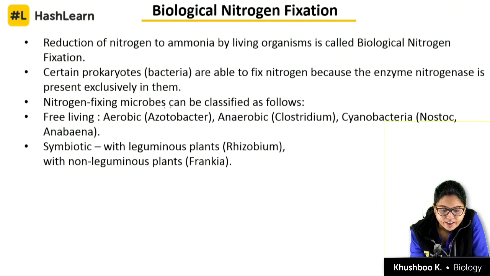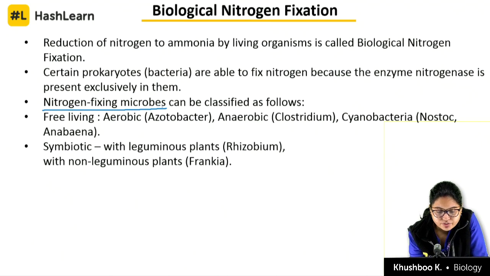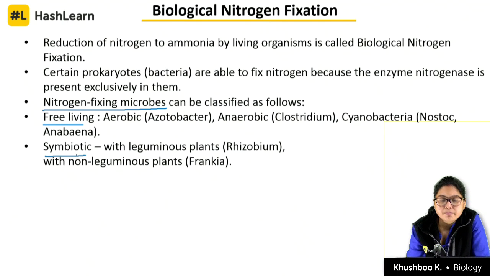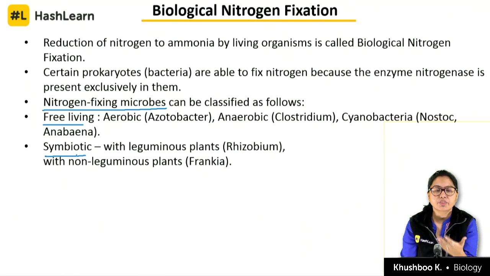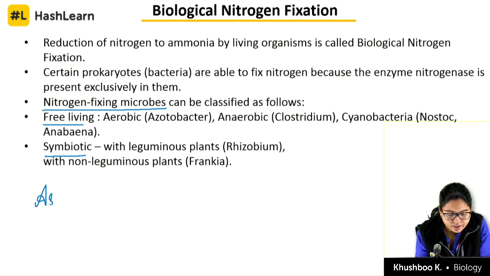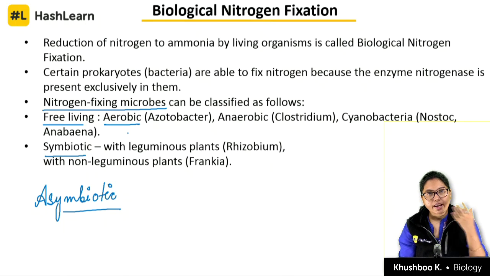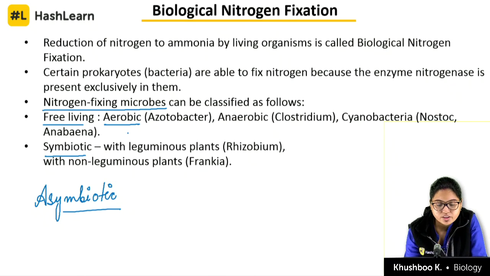For this reduction of nitrogen to ammonia, we have nitrogen fixing microbes, and they are classified into free living and symbiotic. Free living is also referred to as asymbiotic. The free living can be aerobic, if they need oxygen for respiration.